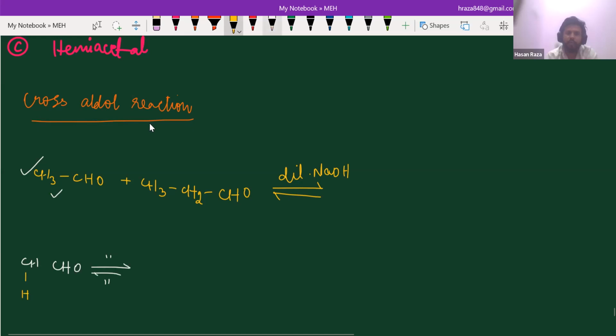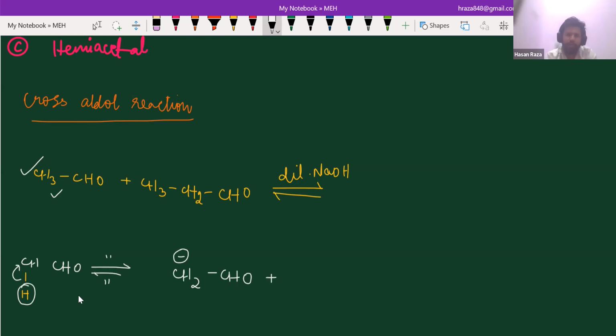So what you need to do, it's very simple. So this is your alpha hydrogen, which is acidic. The electron of alpha hydrogen will be taken by carbon. Now it becomes CH2 minus, and then CHO will be there.